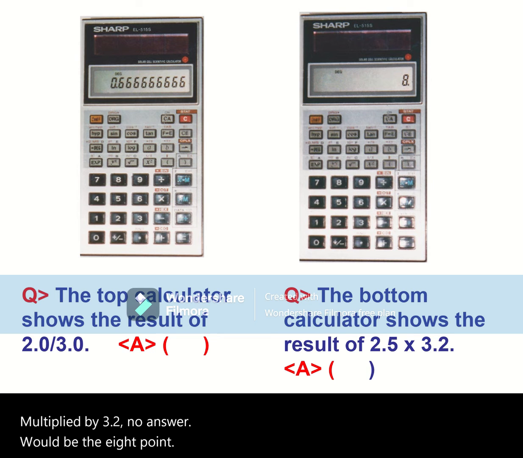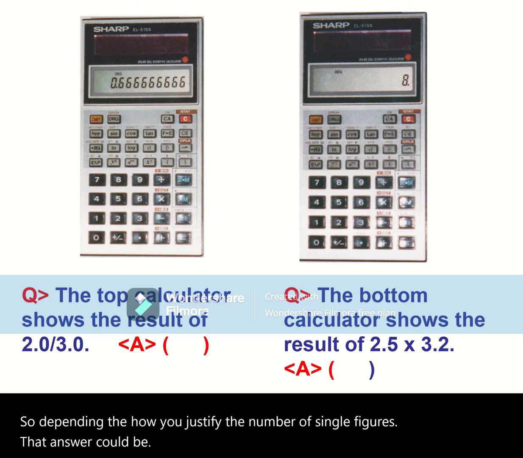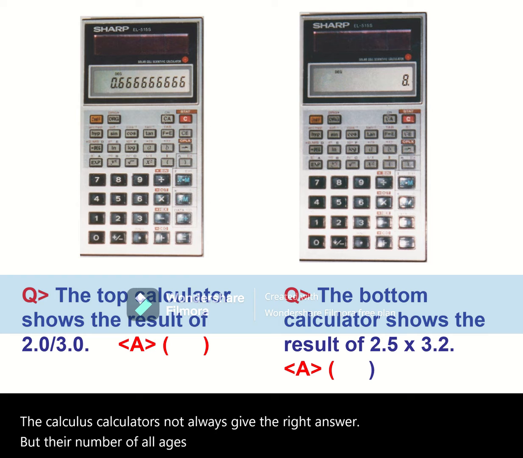So depending on how you justify the number of significant figures, the calculator answer could have 3 decimal places or 2. So calculators do not always give the right answer, but their number is always very close to the correct answer. This is accurate, but not always correct.